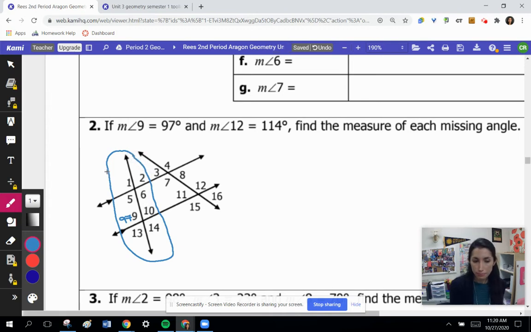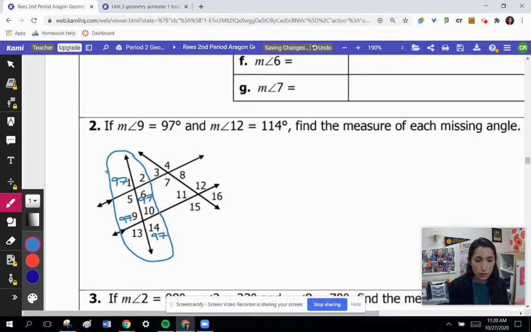So 97, I'm going to have a 97 here because they are vertical to each other. I should be able to take this angle here and slide it up to angle 1. Those are corresponding, so those would be congruent to each other. That would also be 97. And then angle 6 would also be 97. It's alternate interior to the 97 degrees, or the angle 9, and it's also vertical to the other angle.